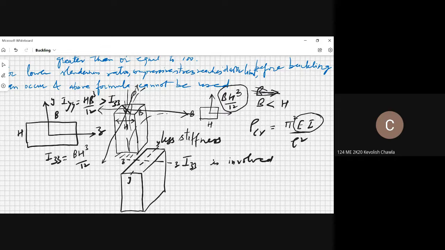Sir, then IYY must be involved because EI must be less in that case. Okay, you are right. So IYY will be involved. How should it bend for that?